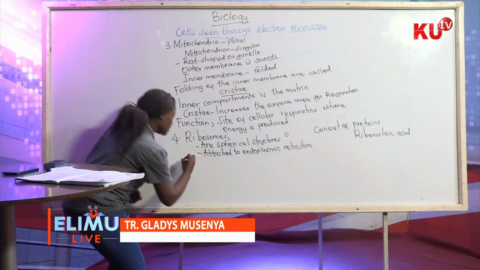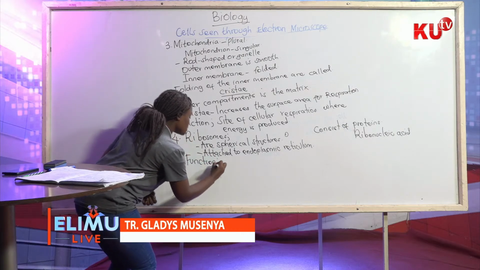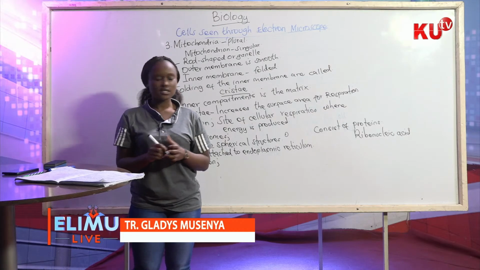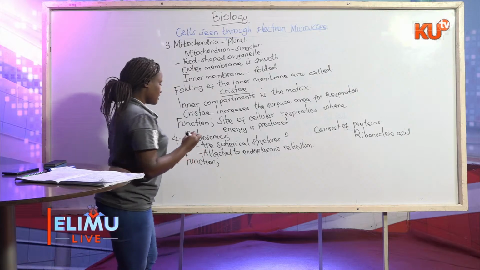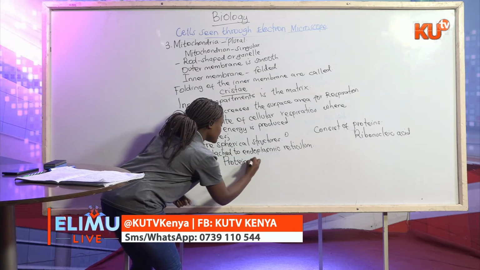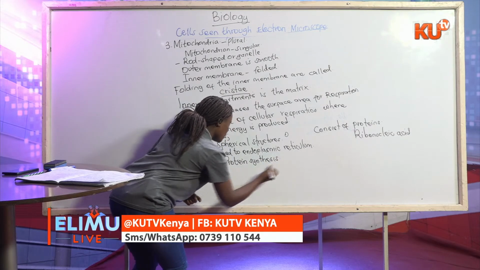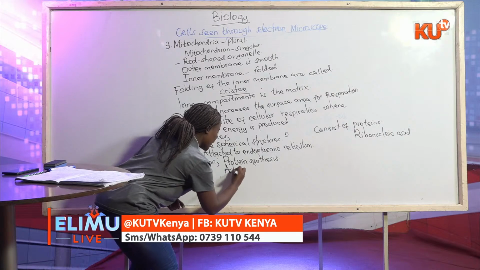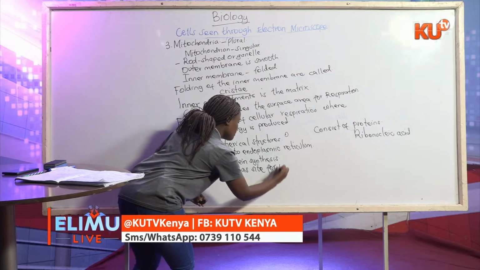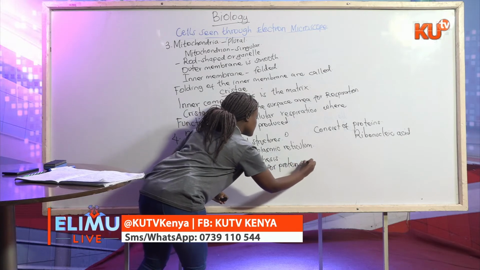The function of ribosome, it acts as site for synthesis of protein. So we can say protein synthesis, or acts as site for protein synthesis.